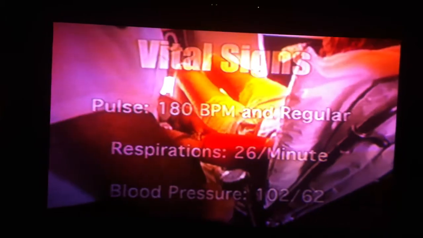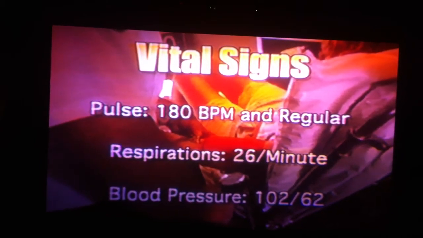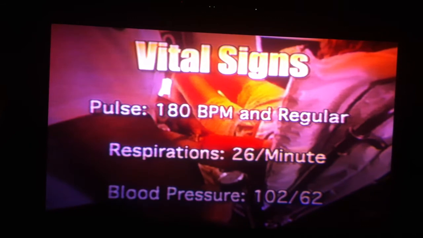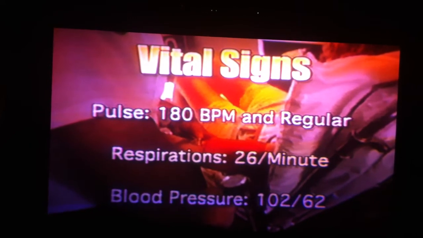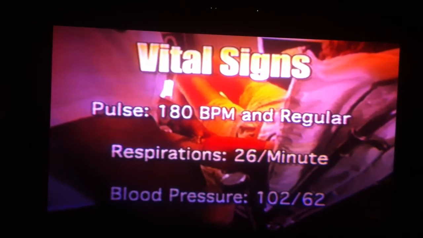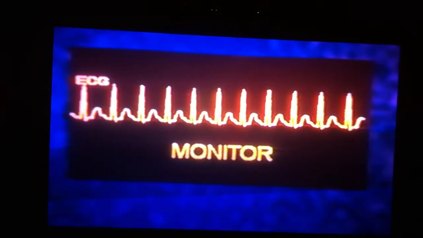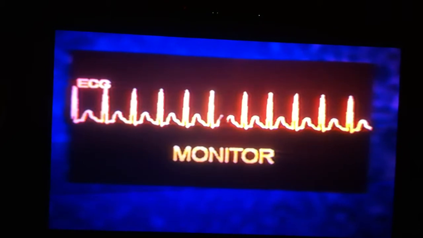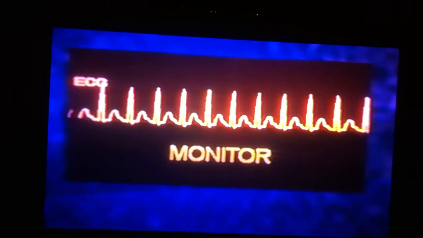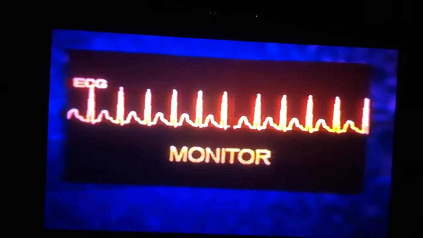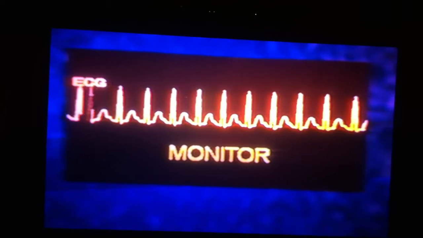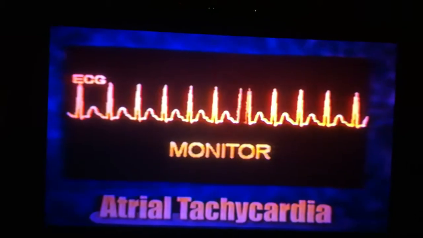Her vital signs are pulse 180 and regular, respirations 26, blood pressure 102/62. Upon placing her on the ECG monitor, you see this rhythm. The correct interpretation is atrial tachycardia.